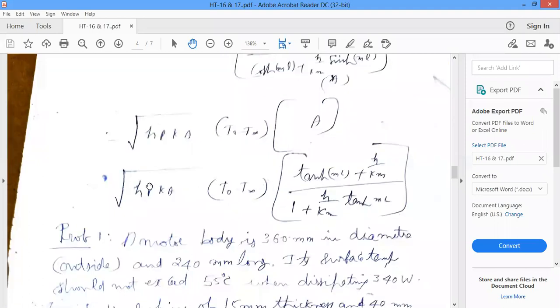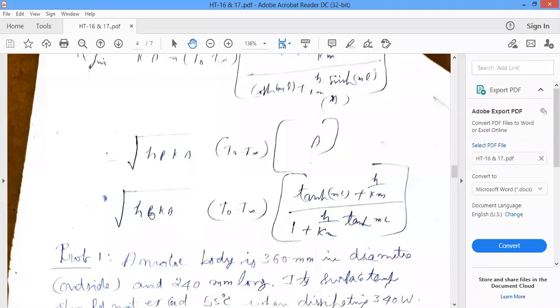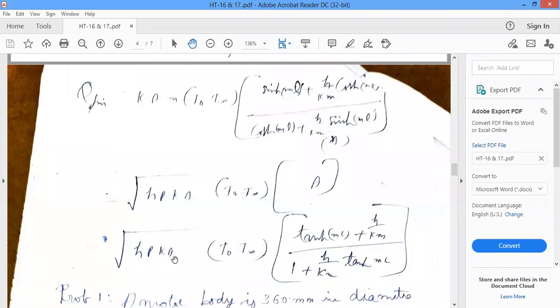This is the final equation. Heat transfer rate through the short fin when the fin is losing heat at the tip: Q fin equals root hPKa into (T naught minus T free stream) into (tanh mL plus h by km) divided by (1 plus h by km tanh mL).